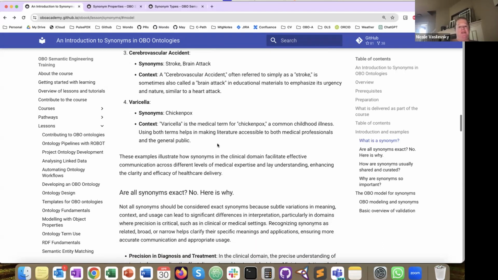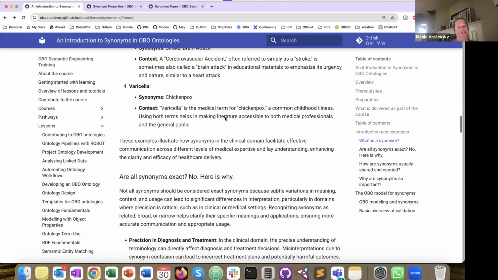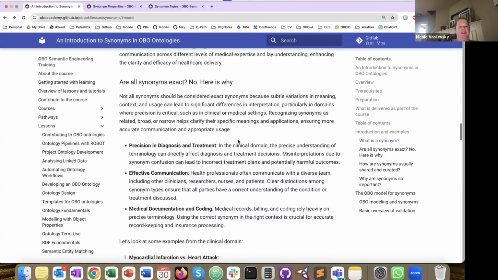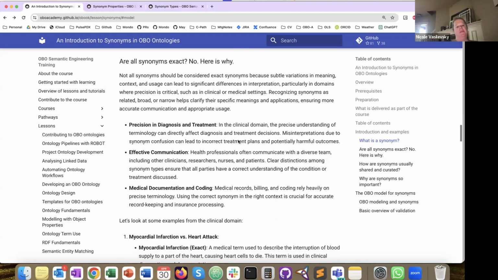Both of these terms in the literature make it accessible both for medical professionals and general public. So using these synonymous terms helps with facilitating communication across different levels of medical expertise and within the patient community, and aids in effectively delivering healthcare. So those are some examples of some biomedical synonyms.